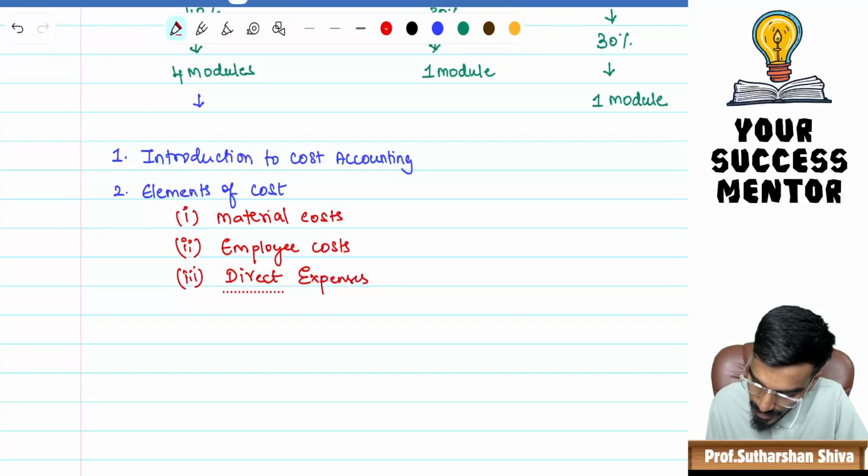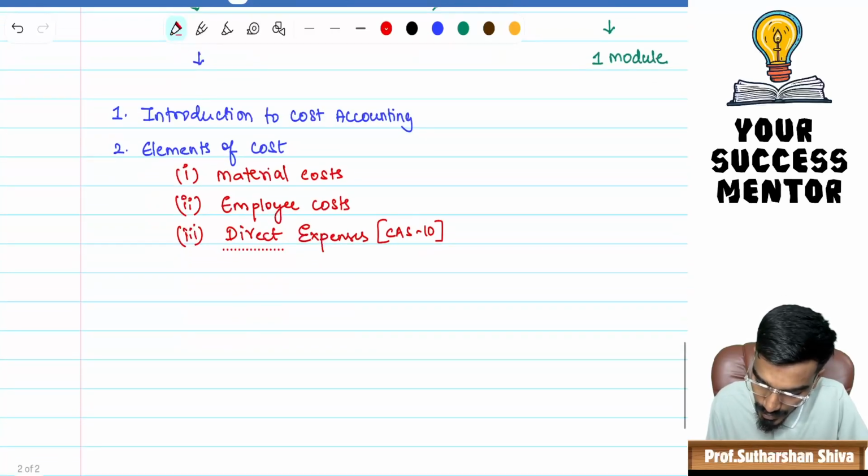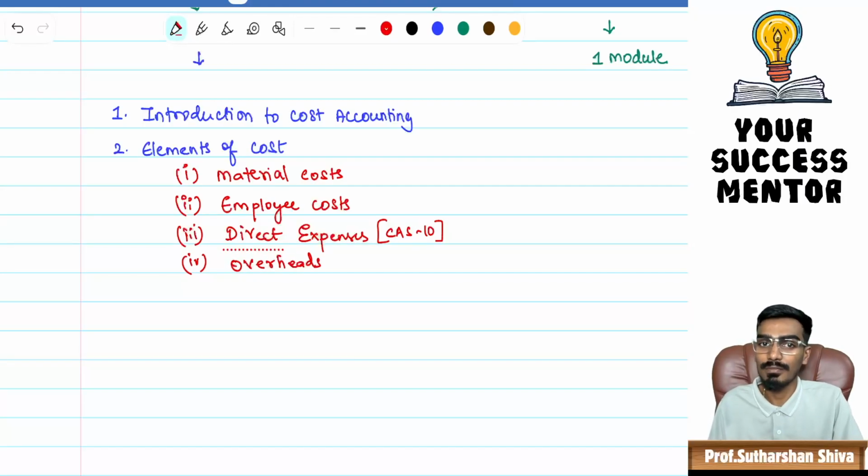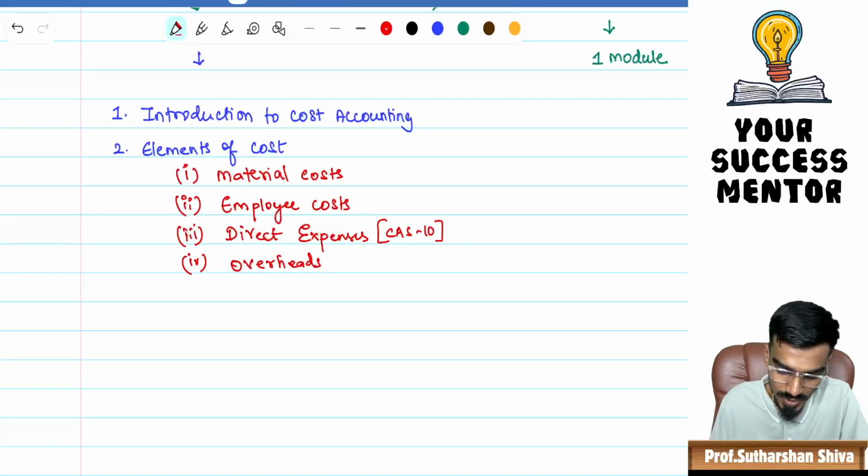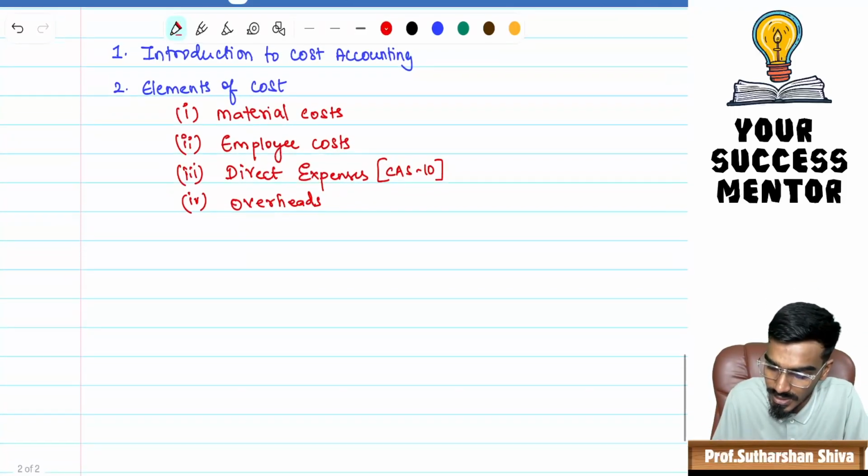Then the fourth one will be overheads. These are the biggest chapters we have for our discussion under elements of cost. The mark weightage and all I will be discussing immediately.